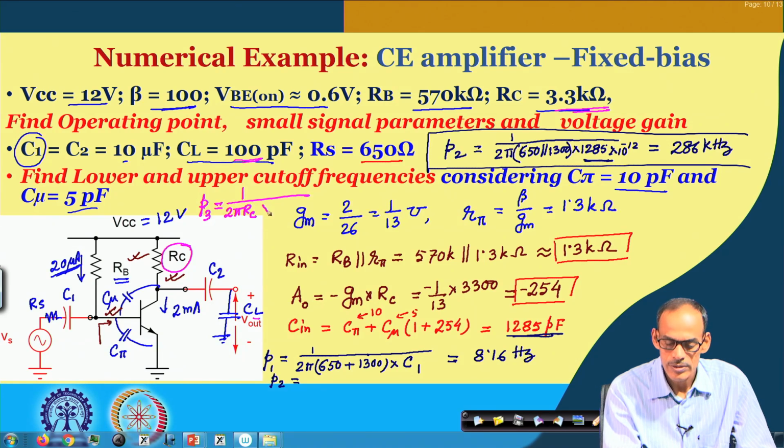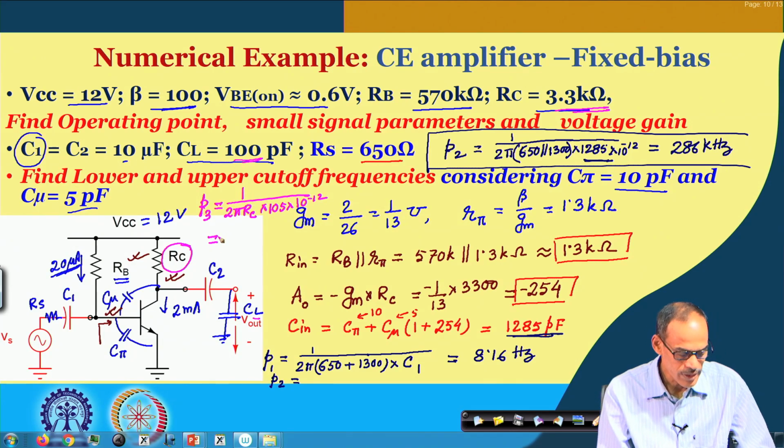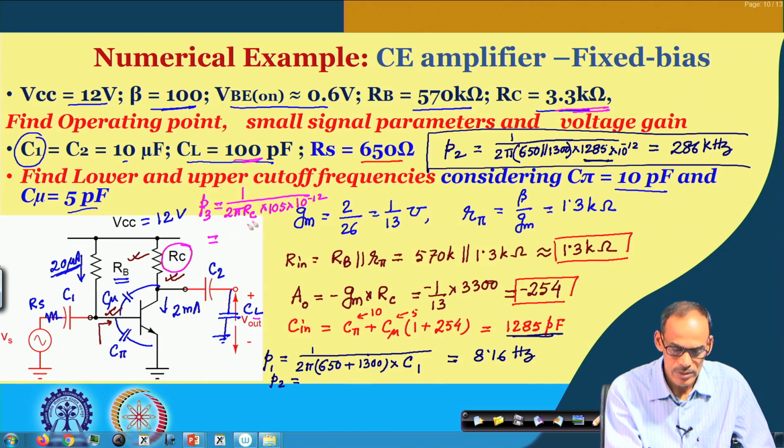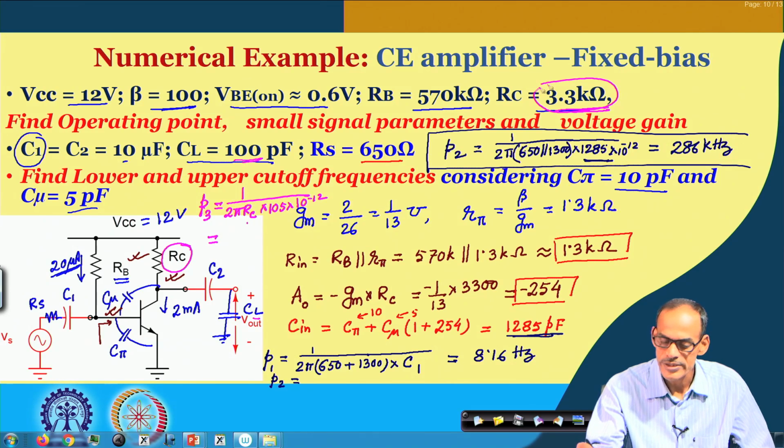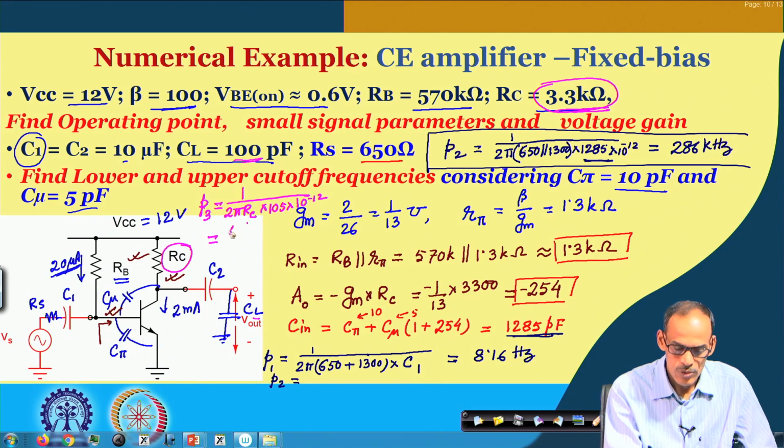So, that is 105 picofarad. In fact, if we calculate this, by putting the value of this R c, we get 459 kilohertz.